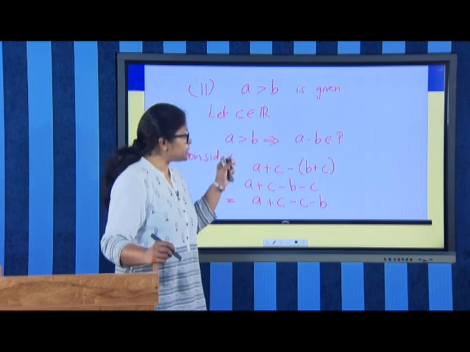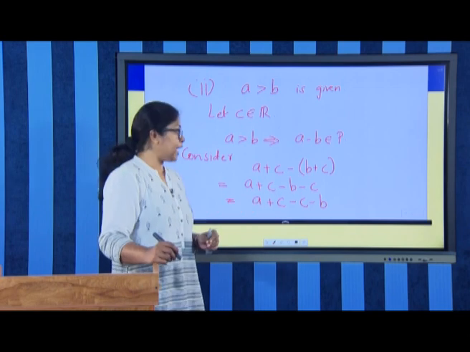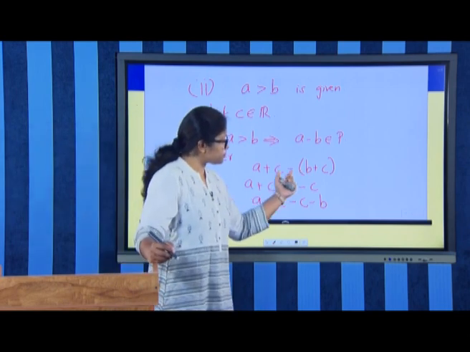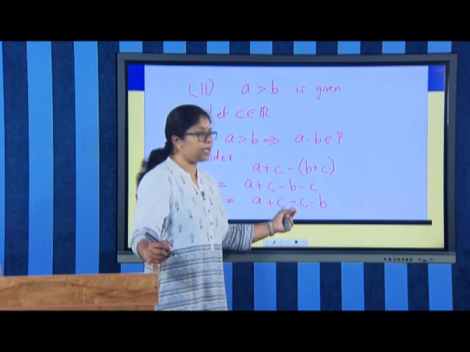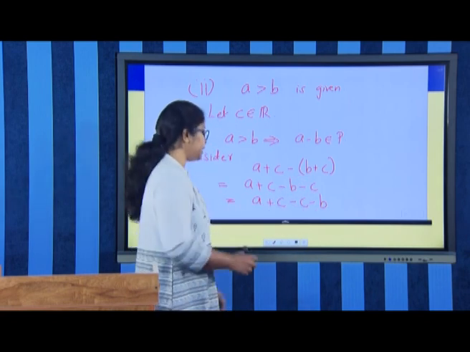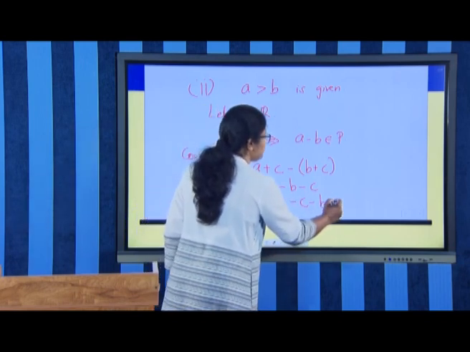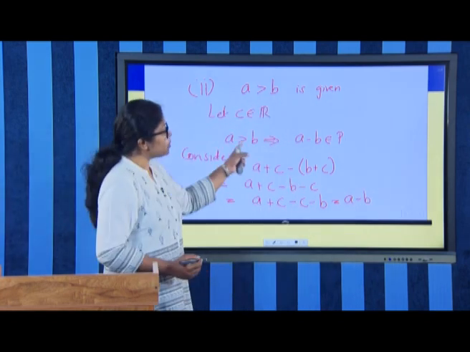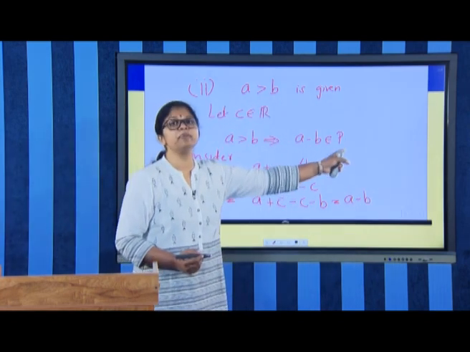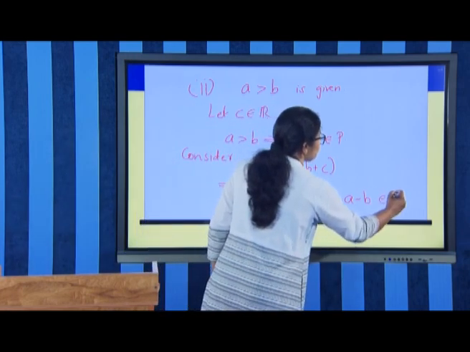That means, the set of all real numbers satisfies the commutative property under addition, and so minus C minus B can be replaced by minus B minus C, that does not matter. So, we have A plus C minus B, which is same as A minus B, and since we already have A minus B belongs to P, we can show that this belongs to P.